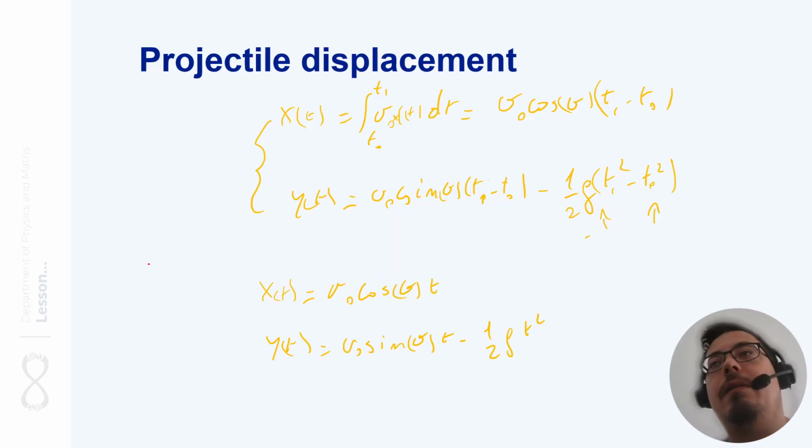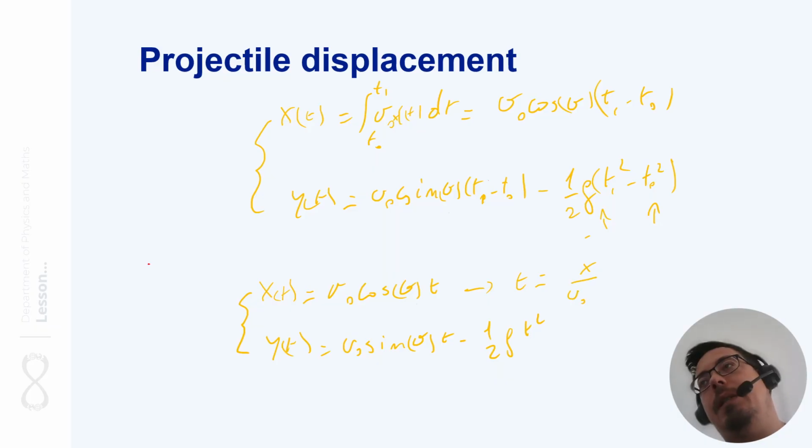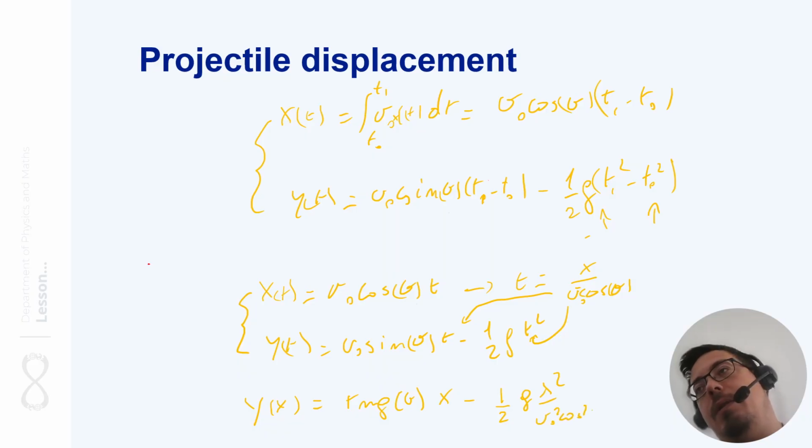Okay, this is the simplified formula, from which we can find t, which is equal to x over v0 cosine theta, and then we substitute t inside the second equation, and what we find is the equation for y dependent on x, which is tangent of theta times x minus 1 over 2 g x squared over v0 squared cosine squared theta.